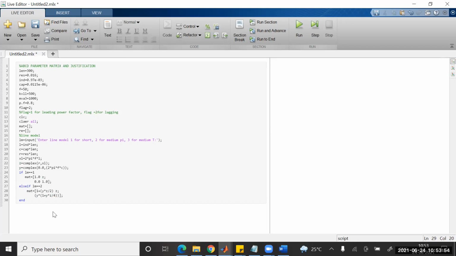This will be your first matrix. Now the second matrix would be like the above one, that is 1 plus y into z by 2. We'll copy this and paste it over here.